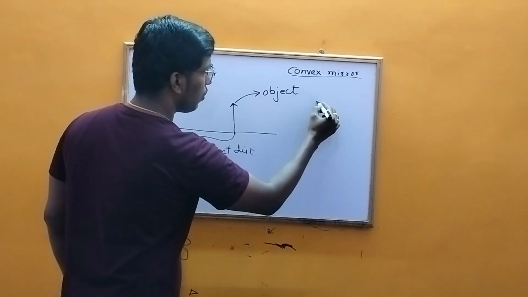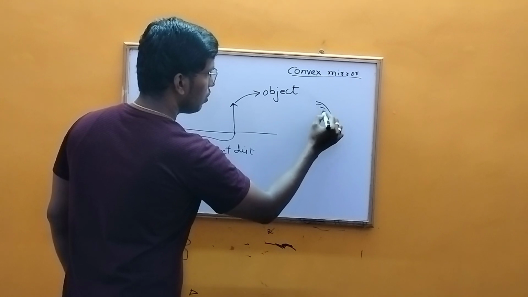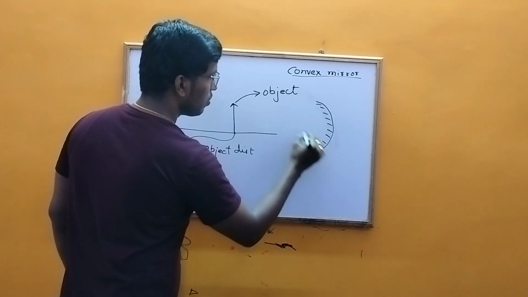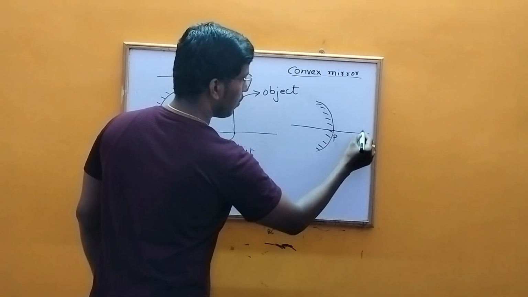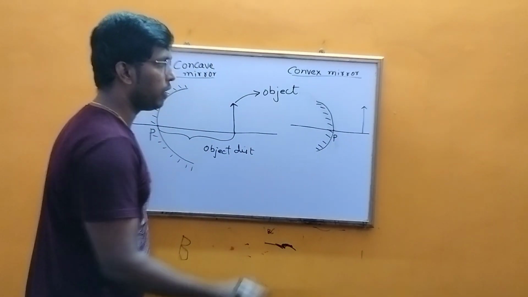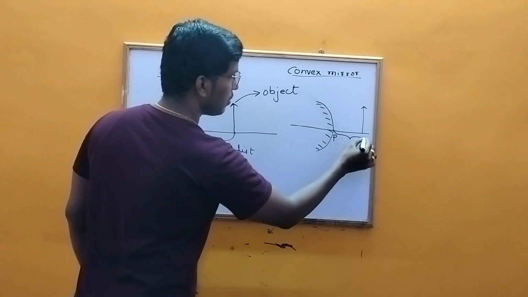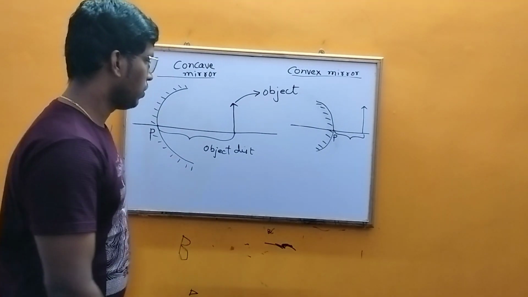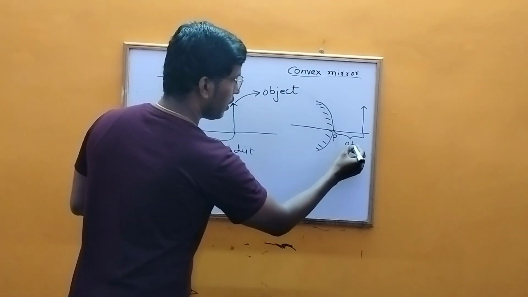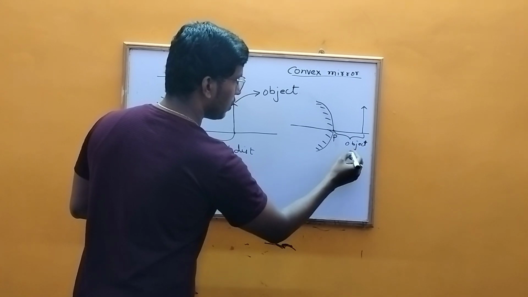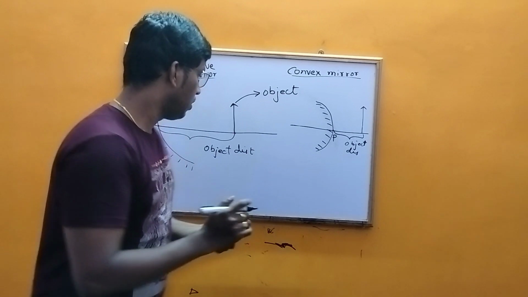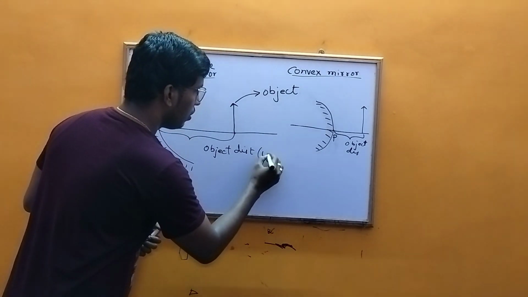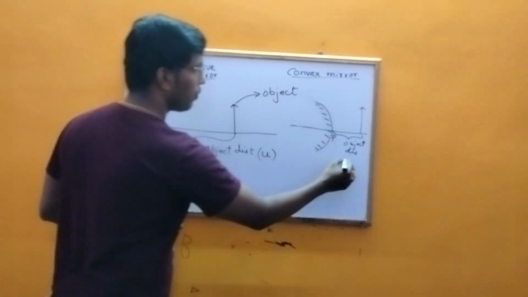Similarly, even for convex mirror, this is pole, and I have placed another object in front of the mirror, and this distance is considered as object distance. So even for convex also it is object distance. We use the letter U for object distance, even for convex mirror as well.